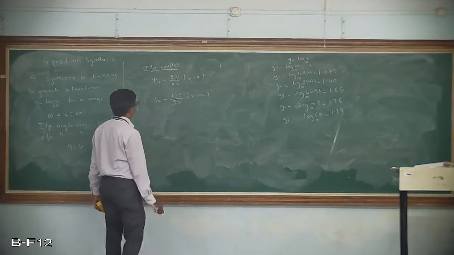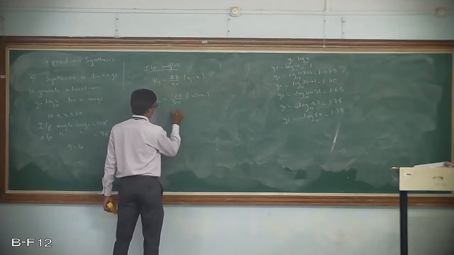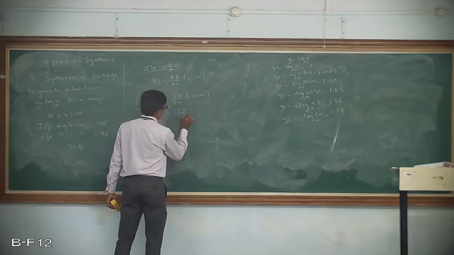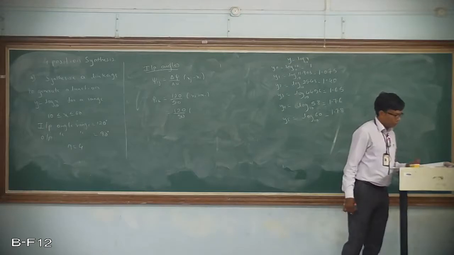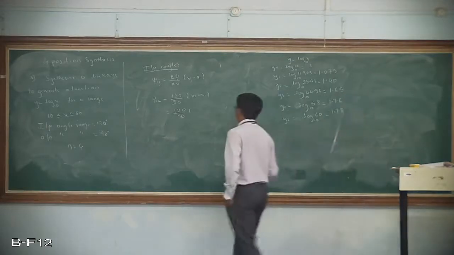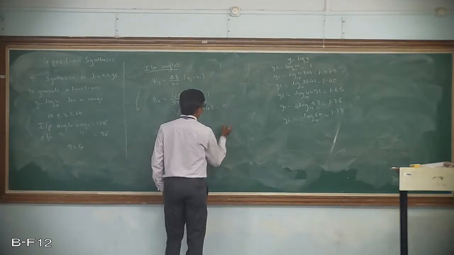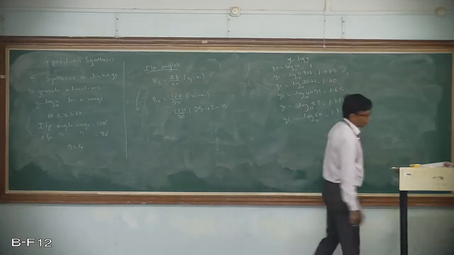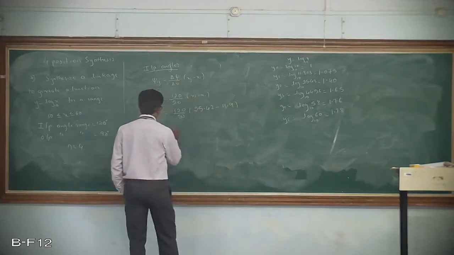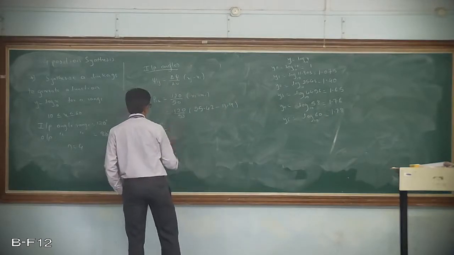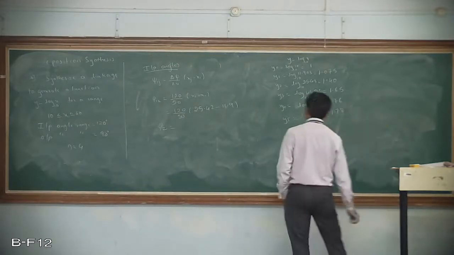This will be the formula, that is 120 upon 50 into x2, which is 25.42, minus x1, which is 11.9. So you will be getting xi12 as 32.5 degree.